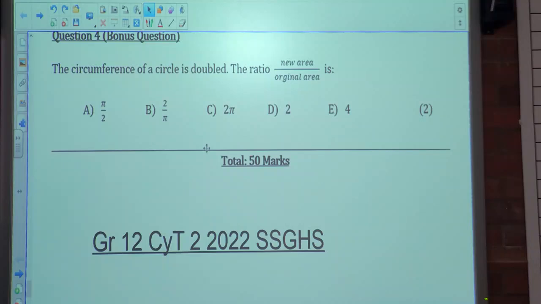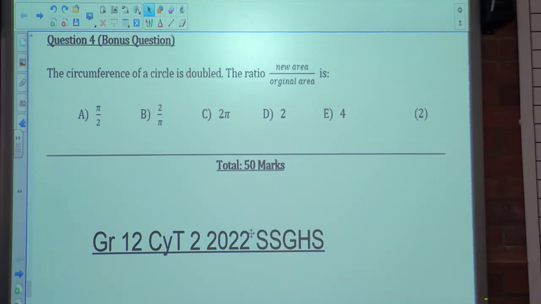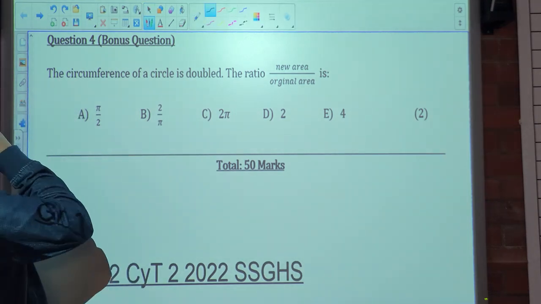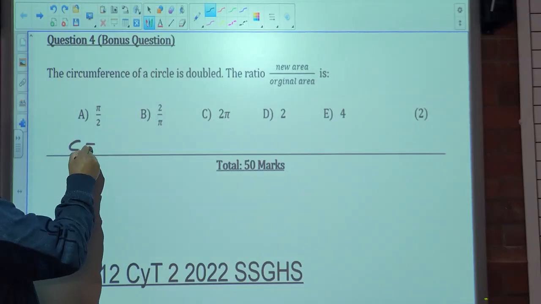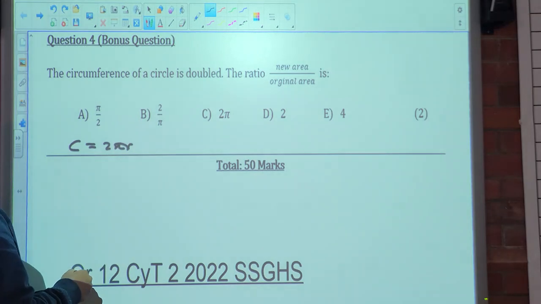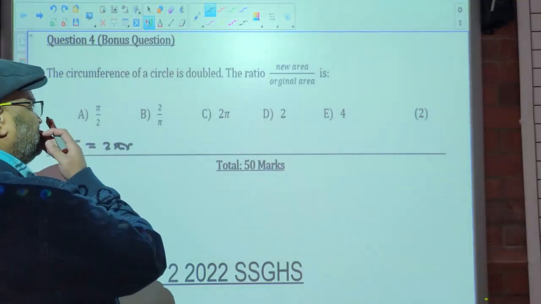The bonus question: we are told that the circumference of a circle is doubled. So how do you calculate the circumference of a circle? Circumference of a circle is 2 pi r. The circumference is doubled, and we want the ratio of the new area over the original area.